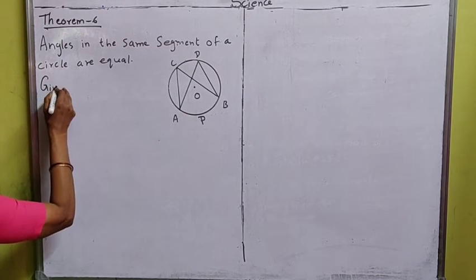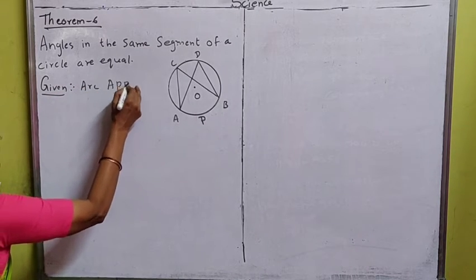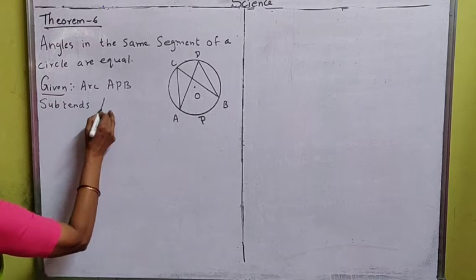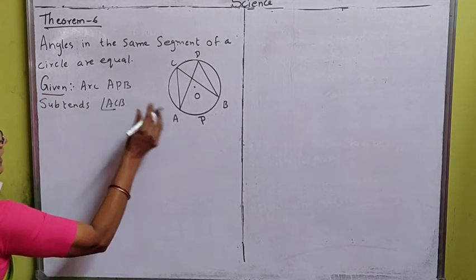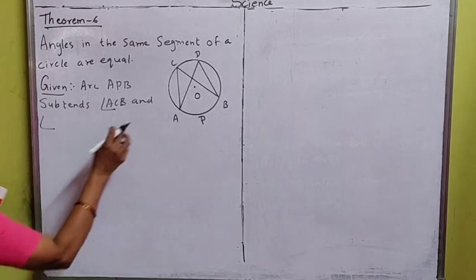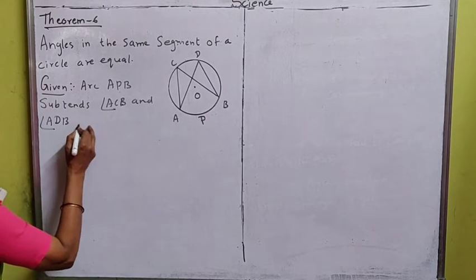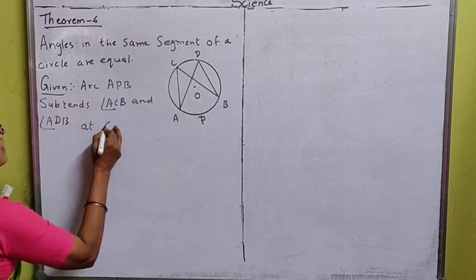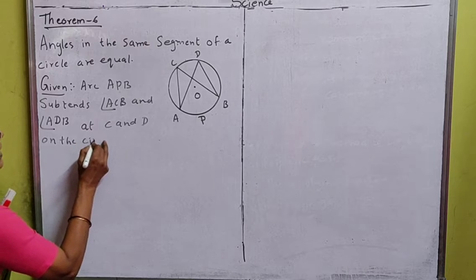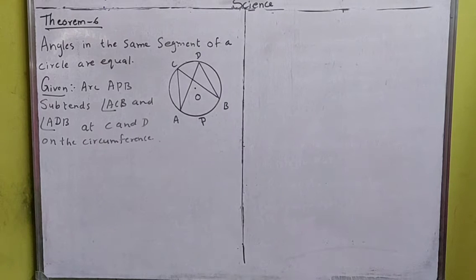Let us write down the given: arc APB subtends angle ACB and angle ADB at C and D on the circumference. So this is your given.